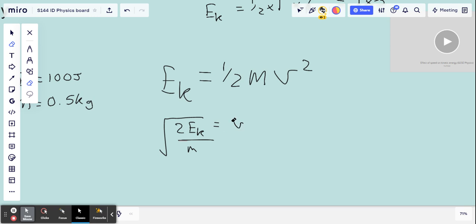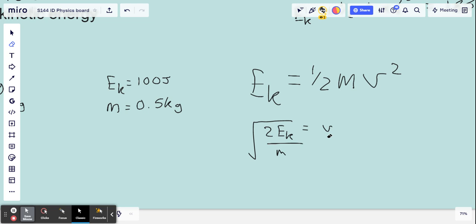So if I want to write it properly, I should have the subject over on the left-hand side, shouldn't I? So let's put that there.